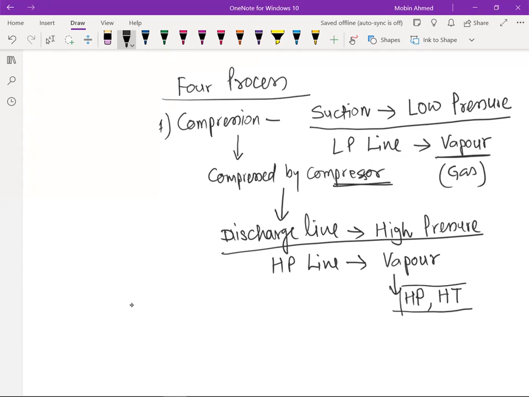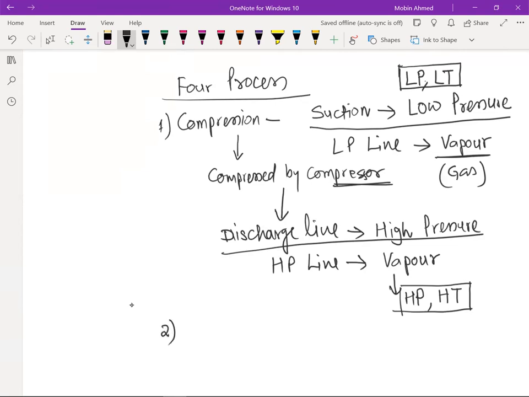Remember, this is going to be high pressure, high temperature. While entering the suction, it is LP and also LT, low pressure, low temperature. We'll talk about this low pressure, low temperature, high pressure, high temperature also.